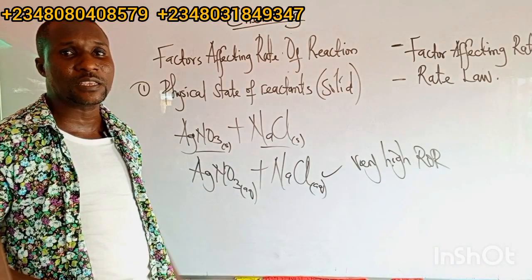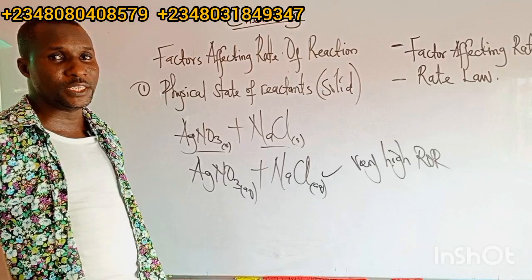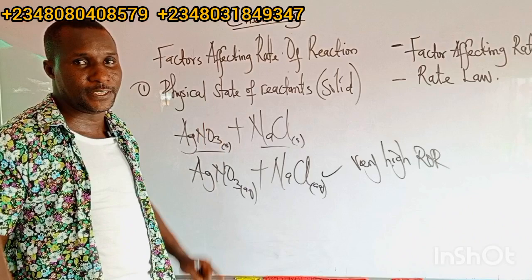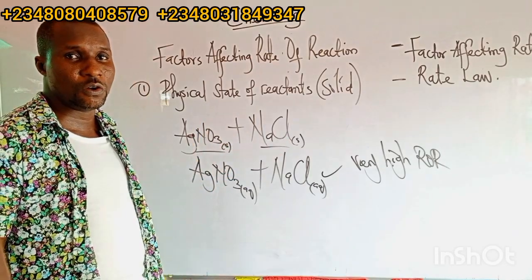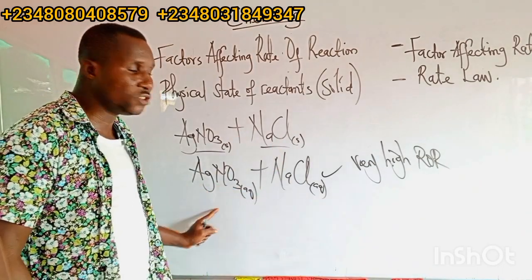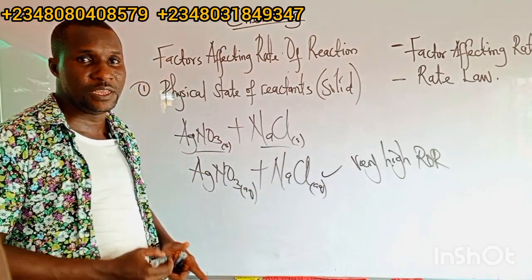They will interact with each other. Compare this to the case in which both are in solid state: they won't react, which means the reaction won't occur. So the rate of reaction will be very high in the aqueous state.